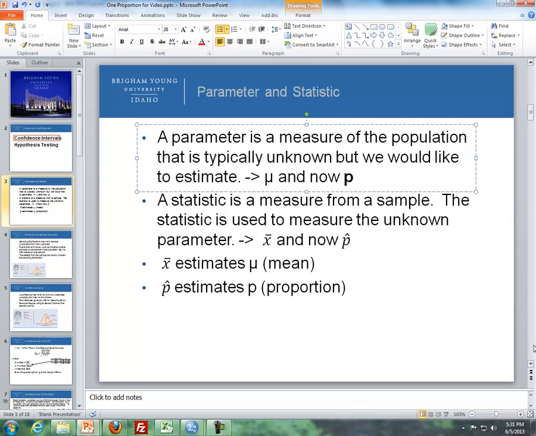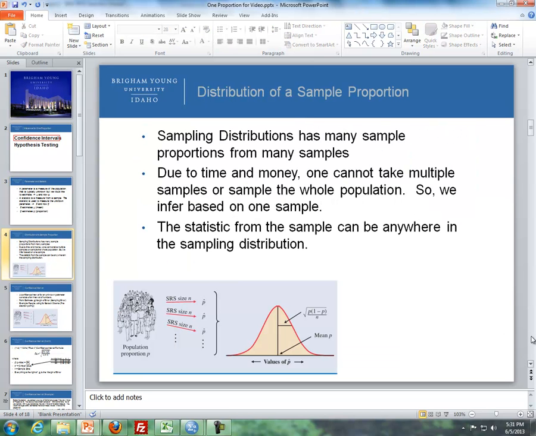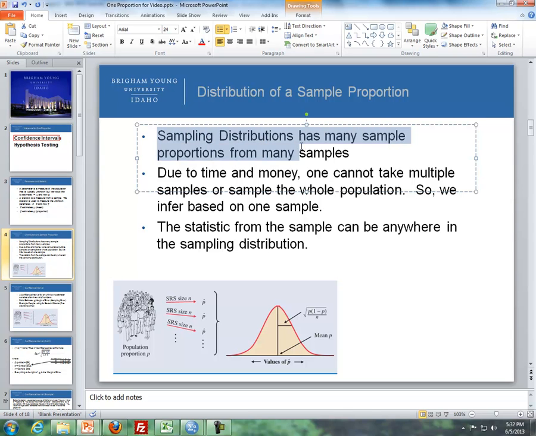However, p hat, we'll discover later, is a form of a point estimate. But instead of a point estimate, we're going to get into confidence intervals. Before I get into that, I want to discuss the distribution of a sample proportion. A sampling distribution, or distribution of a sample proportion, has many sample proportions for many samples.